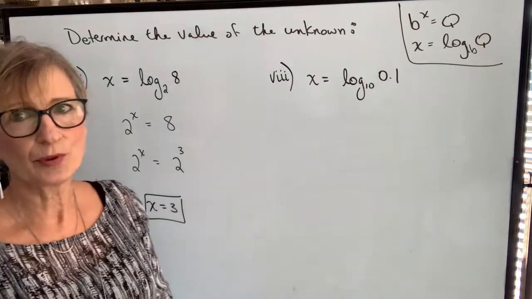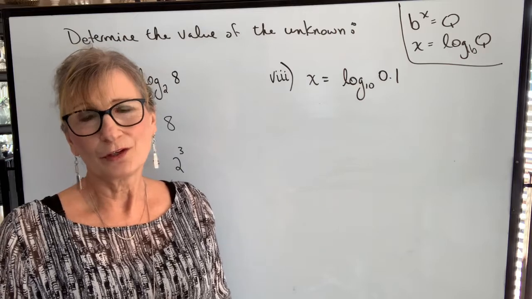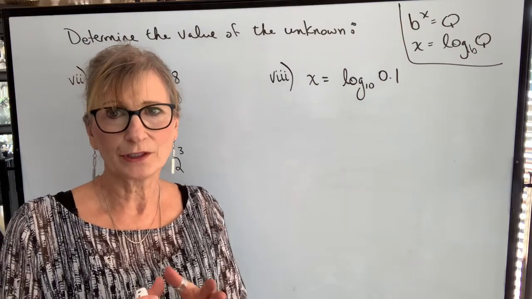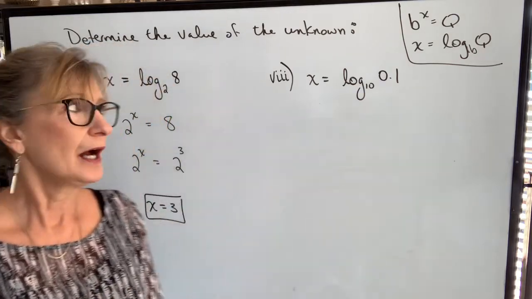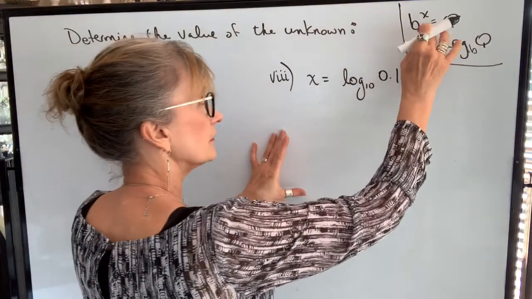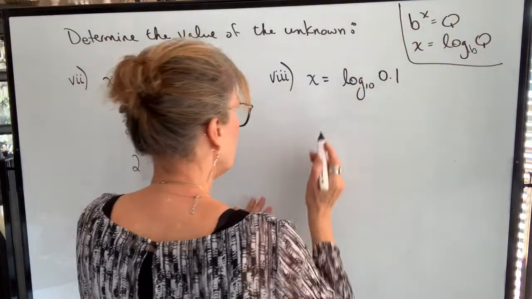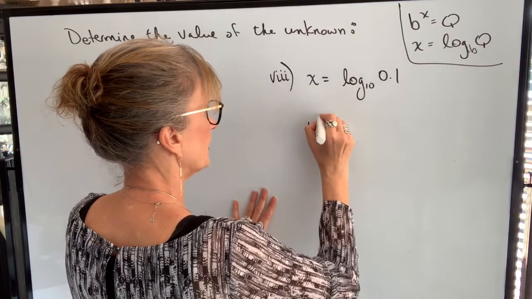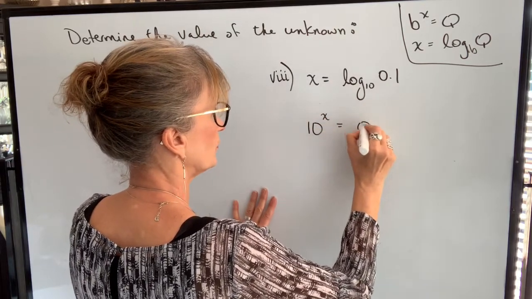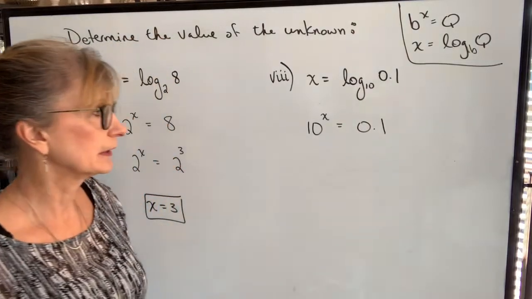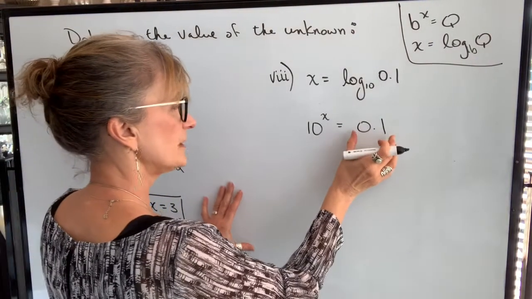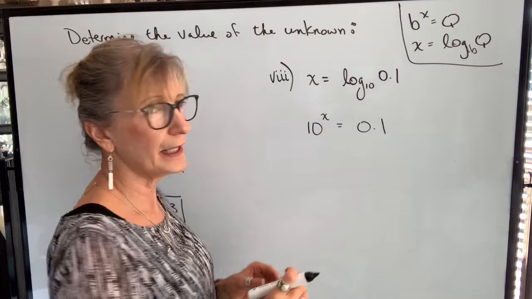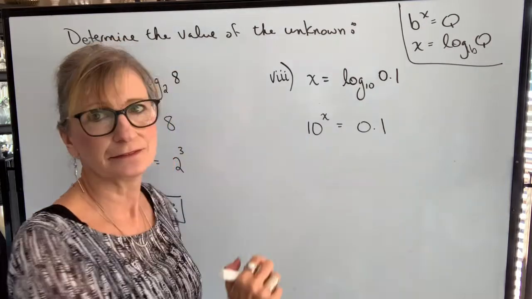Our next example, we do have a log base 10 on our calculators, but I don't want you to do it that way at this point. I want us to rethink it in exponential notation. So my base is 10, the exponent is x, is equal to 0.1. We have to see if we can think of 0.1 as a power of 10.